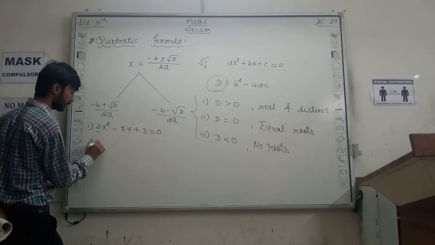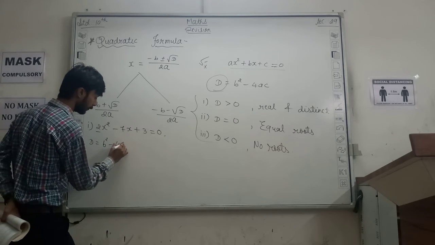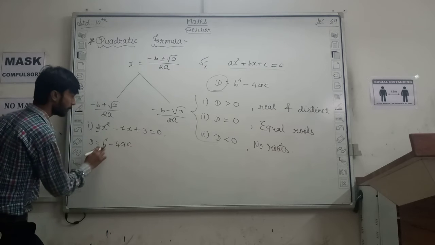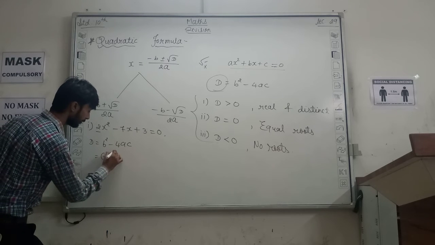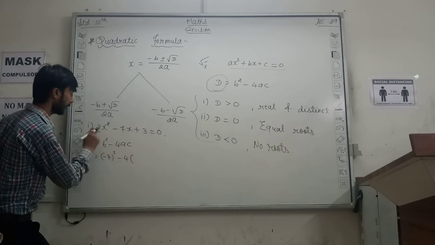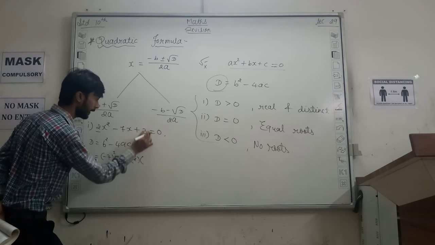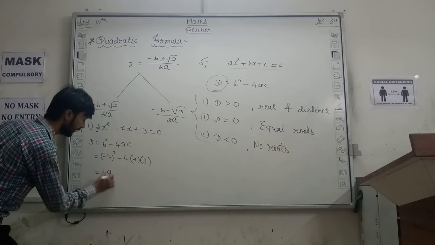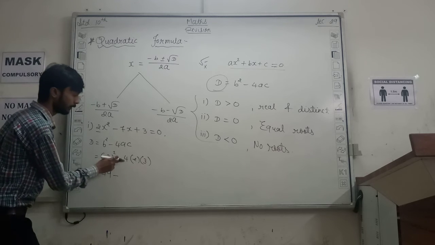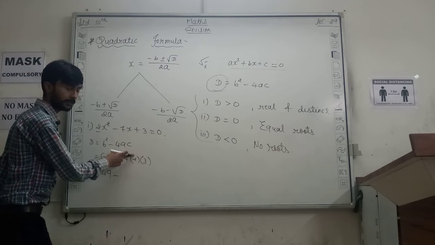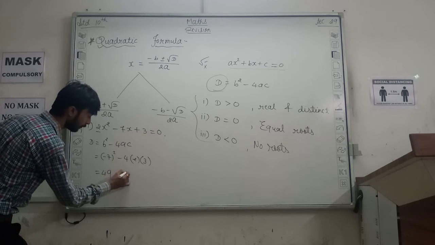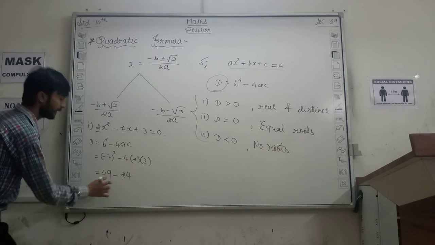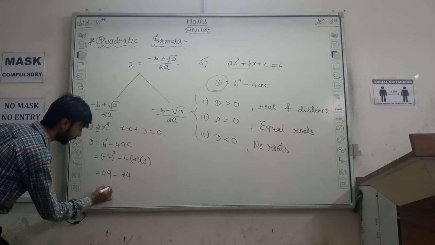So d equals b square minus 4ac. b square, that is minus 7 square, minus 4, a is 2 and c is 3. Okay. Now minus 7 square is 49, minus 4 2s are 8, 8 3s are 24. So 49 minus 24, that is 25.